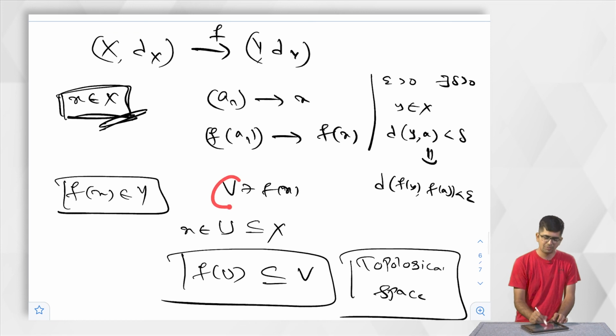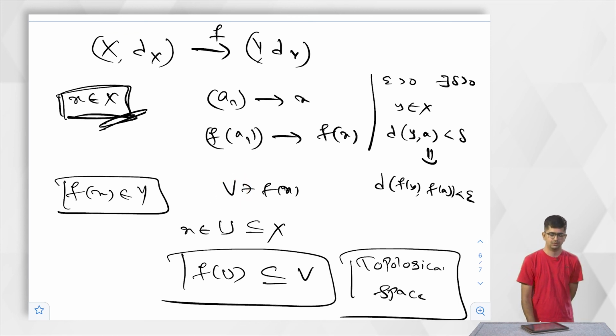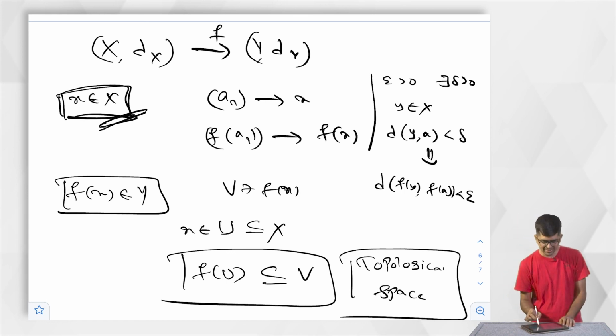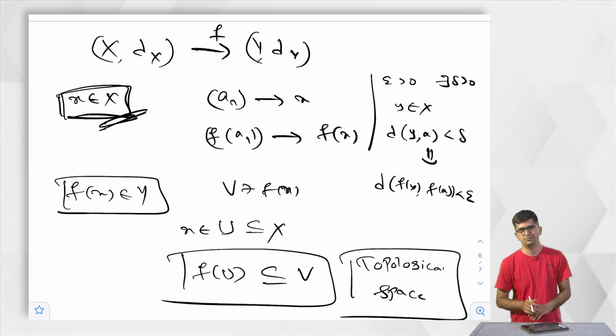You take any open subset of Y containing f(x), then there is an open subset U containing x such that f(U) is totally contained in V. Now what I am saying is, using this notion of open subsets and this idea, one can talk about topological spaces and continuous maps between topological spaces. More details you will see in the next course. I am not planning to say anything now, there is not enough time also.